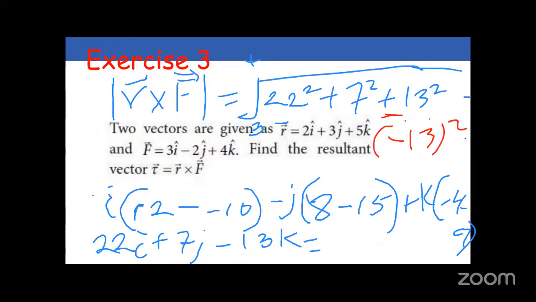So this square will square the minus as well and make it a plus. So that is why in the calculation for magnitude, you will not see a minus. It's always a plus because the square will always turn the minus to a plus.